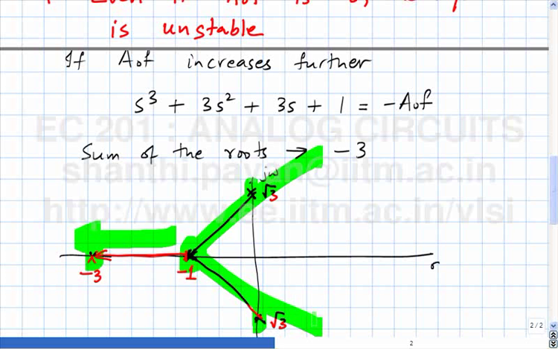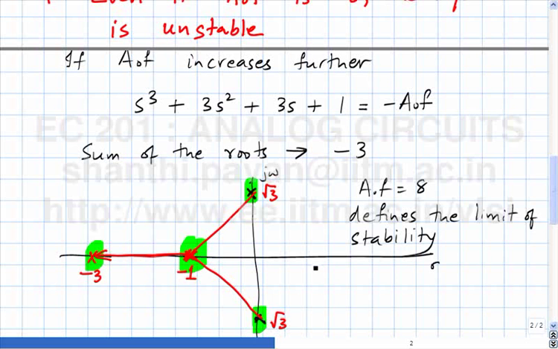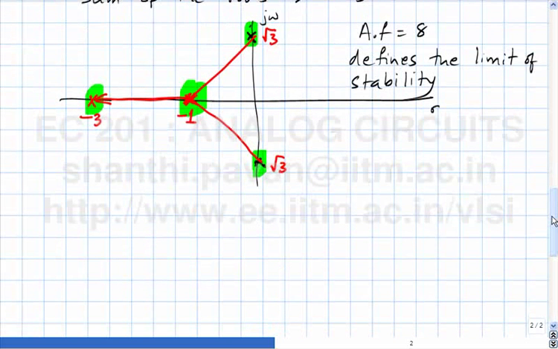The poles will get into the right half plane and the value A naught F is equal to 8 defines the limit of stability. You understand? So what is the whole idea in starting off with the third order system?